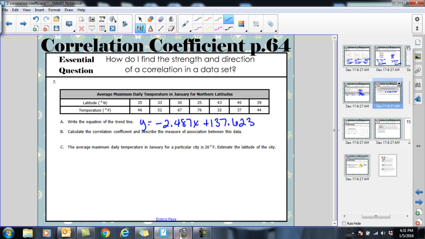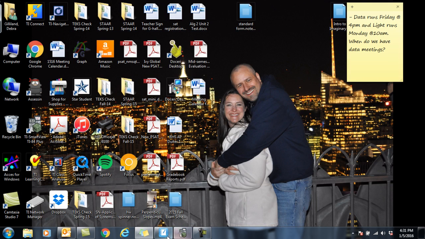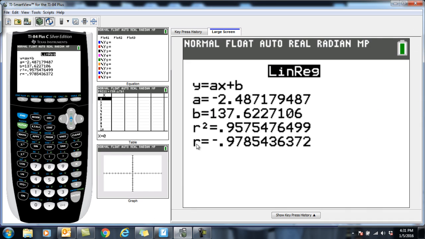Now the correlation coefficient, I've got to talk about it, and it wants to describe the measure of the association. So is it very strong? Is it not very strong? So we're going to talk about that. If we look at our correlation coefficient, it's the R, and it's -0.978. Well, that's pretty close to 1. If I rounded that up, it would round up to 1.